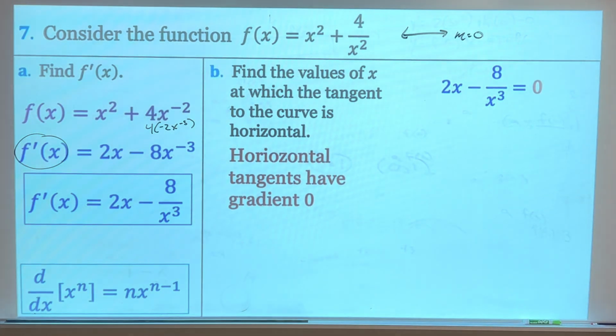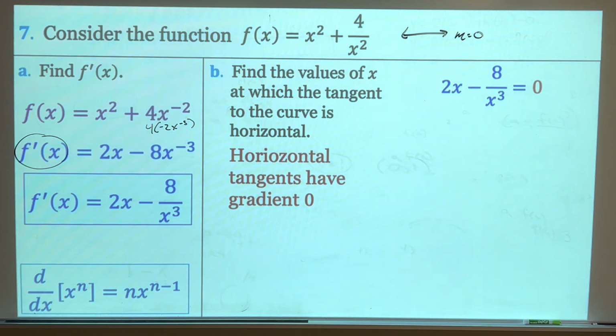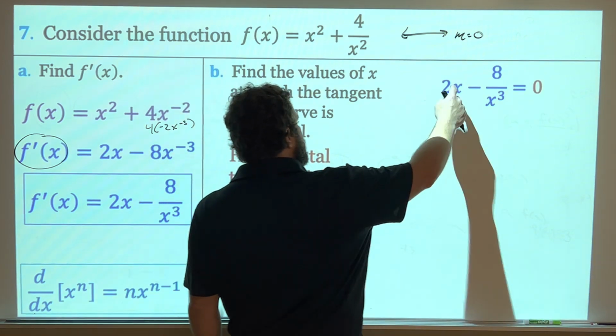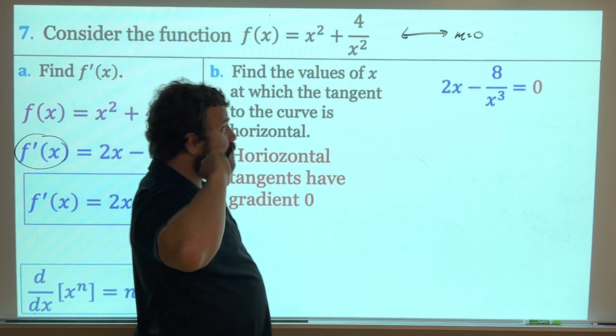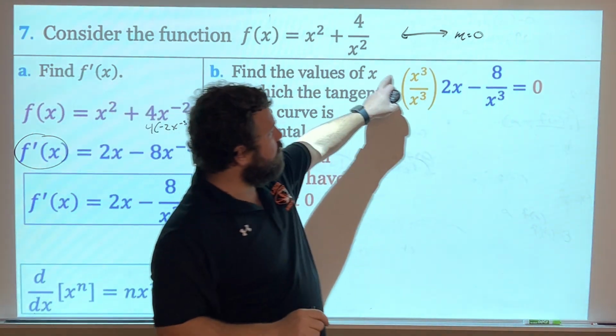Now, in order to solve for x, what would the first thing you would do be? How can I do this? What can I multiply this by so that I can put these in the same fraction? X cubed over x cubed, which equals 1.